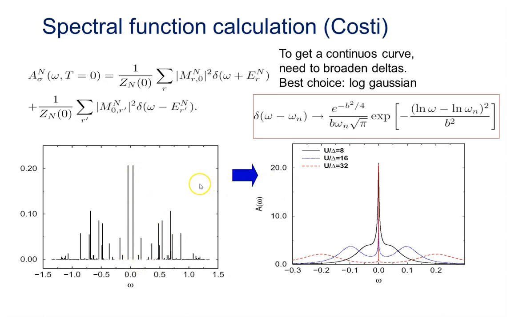But there are different ways to get a continuous curve, and you need to broaden these delta functions. There are different choices for broadening functions. This is one that I usually use in my code, a Gaussian on a log scale, and that gives me spectral functions like this.